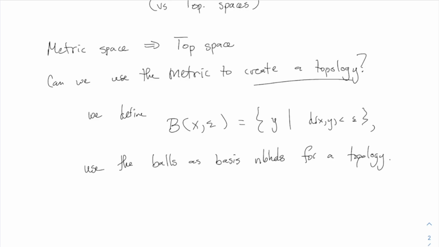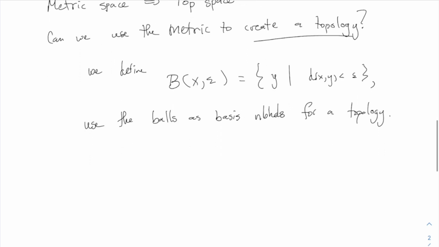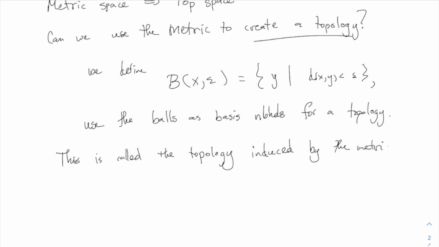And there's a phrase for this that I actually didn't say last time. This is all review from last time, but here's something that I didn't say. There's a name for this topology. It's called the topology induced by the metric. That is, it's the topology that you get when you use the metric to create neighborhoods.